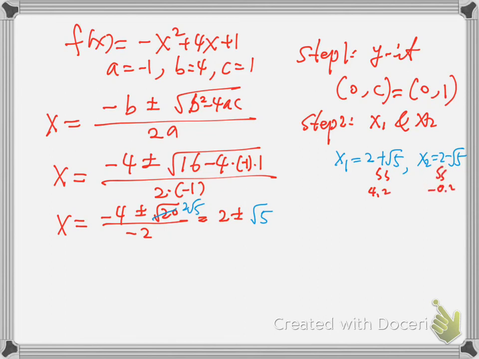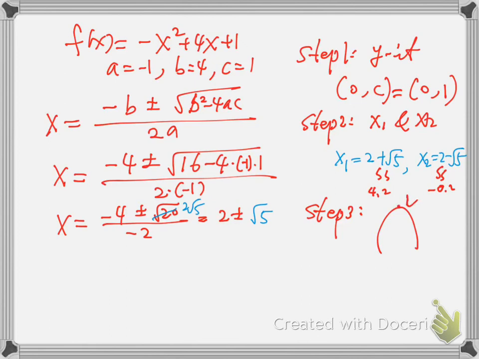So for bad cases, where x1, x2 are irrational numbers, we can use decimals. So x1 is a little bit bigger than 4, and x2 is a little bit less than 0. Now we know it's a parabola opening down, so it's like an N shape, and the vertex is the maximum point.